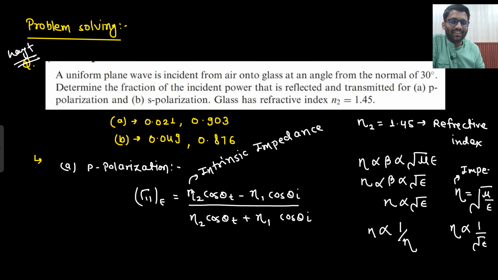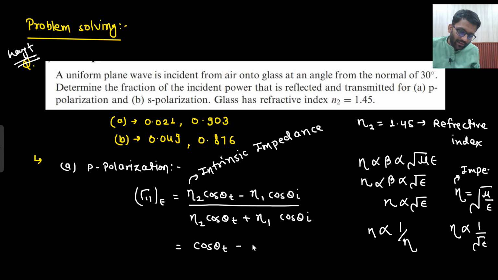So this is your intrinsic impedance, right? Your intrinsic impedance is inversely proportional to your refractive index. So if I take eta 2 out, what will I get?